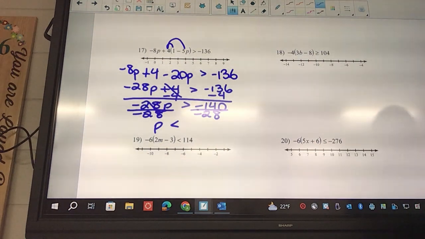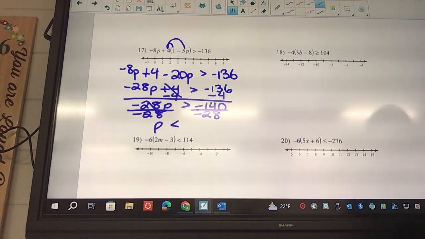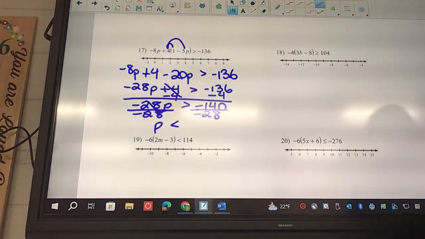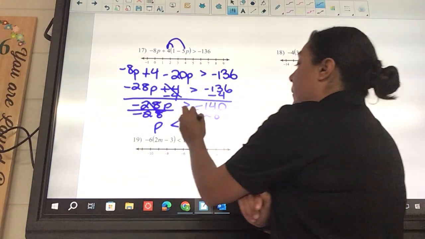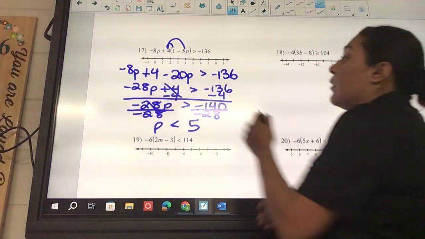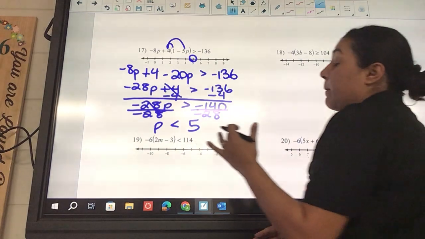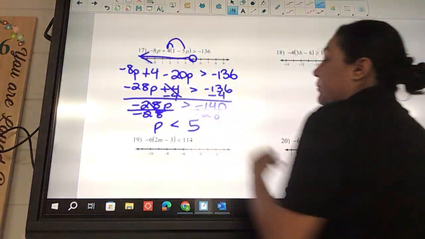I don't know what it is, I'm gonna be honest. -140 divided by -28. 5. Okay, on the 5, should it be open or closed? Open. Going which way? To the left.